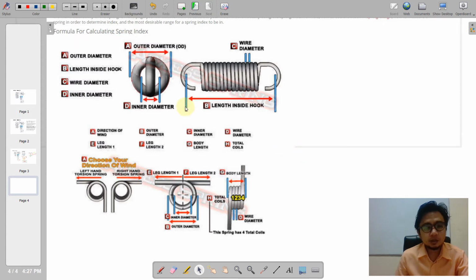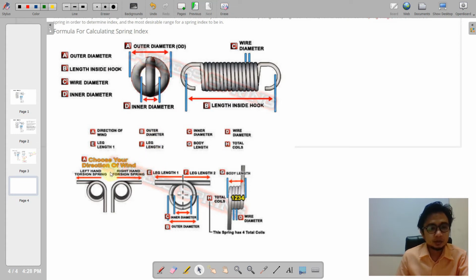So revisiting the details of a spring, of course this is an example of a spring which is resisting a pull between two edges. So there will be a length, the inside hook. The inside hook of course has its length, and just the same we will be having a wire diameter here. So this is the cross section.